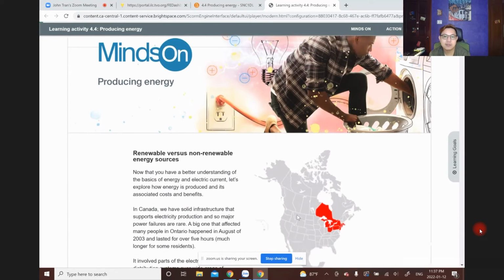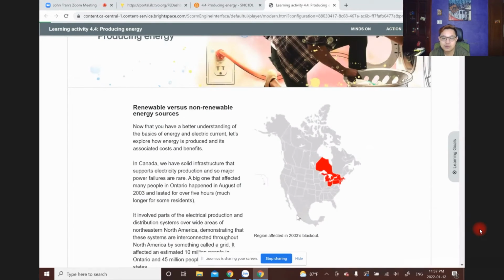Now we talk about renewable versus non-renewable energy sources. Some energy is renewable, which means it can be made anew. It won't run out.